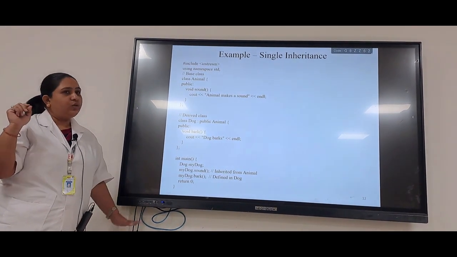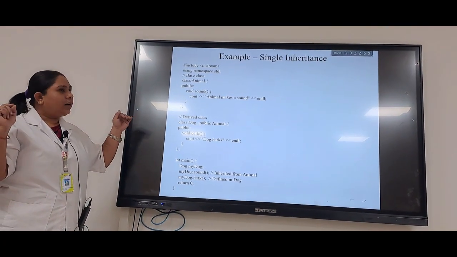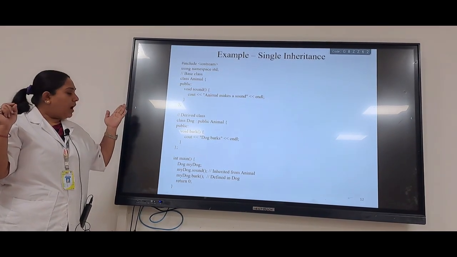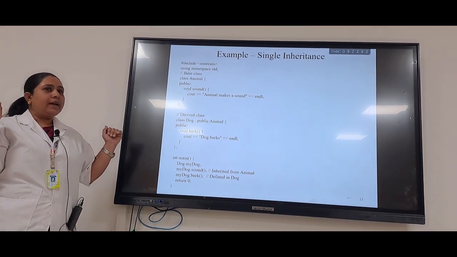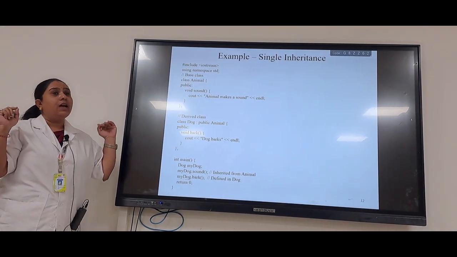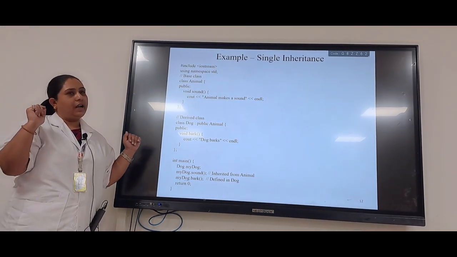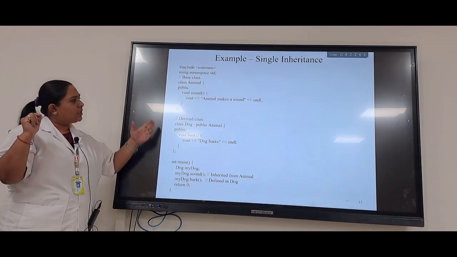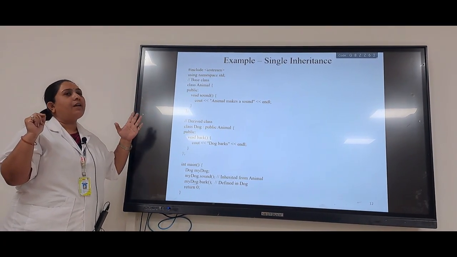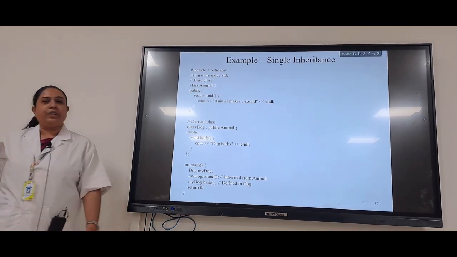So the conclusion here is that just because the dog class is derived from the base class animal, we are able to access the member functions of the base class with the help of the object created in the derived class. This is just a small example of single inheritance, where we have just one base class and one derived class. Let us move to the second type of inheritance.